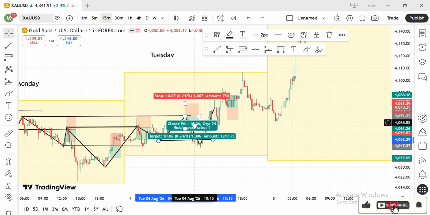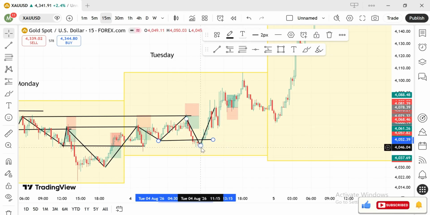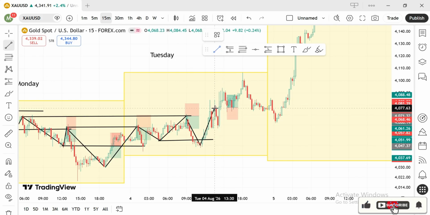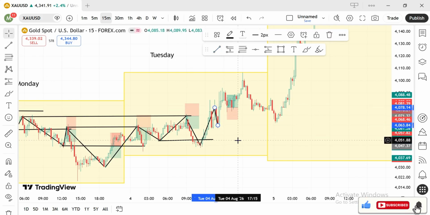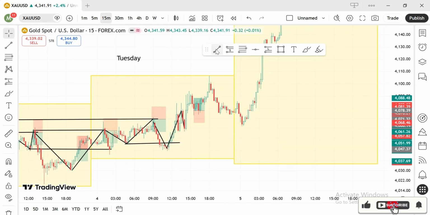And price broke this structure and immediately broke up. It broke the structure back again. It reversed immediately again, and that gave us another structure over here, a bearish structure, and also immediately it went up again.